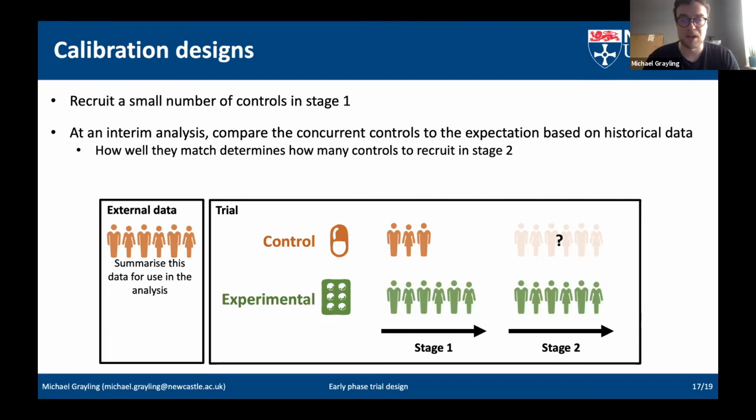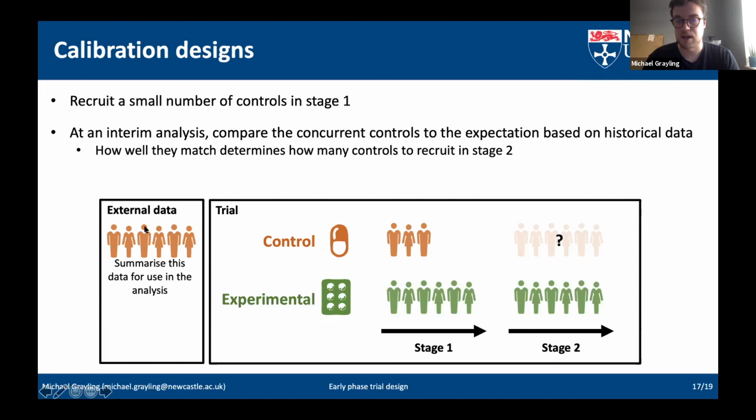So for example, it might be that you think based on historical available data, about 30% of patients will respond to treatment, and you have some uncertainty around that value. So you think it might be as low as 20% or as high as 40%. And then in your first stage of your trial, you recruit a small number of control patients, and then you actually compare these to each other.